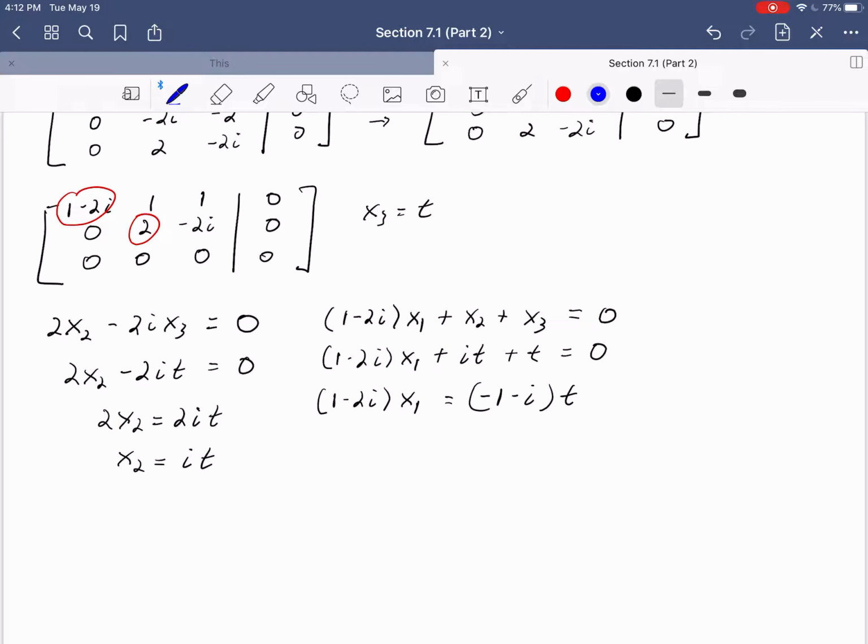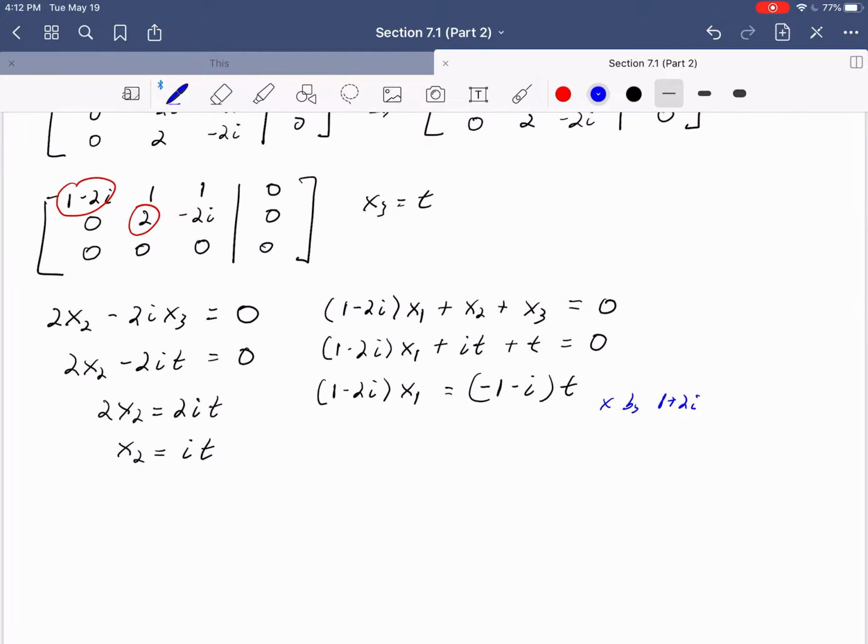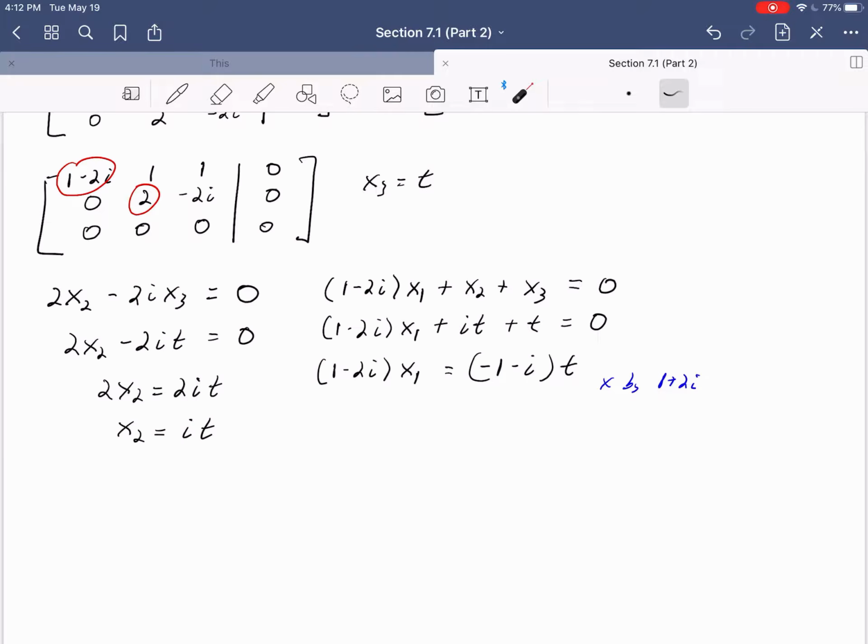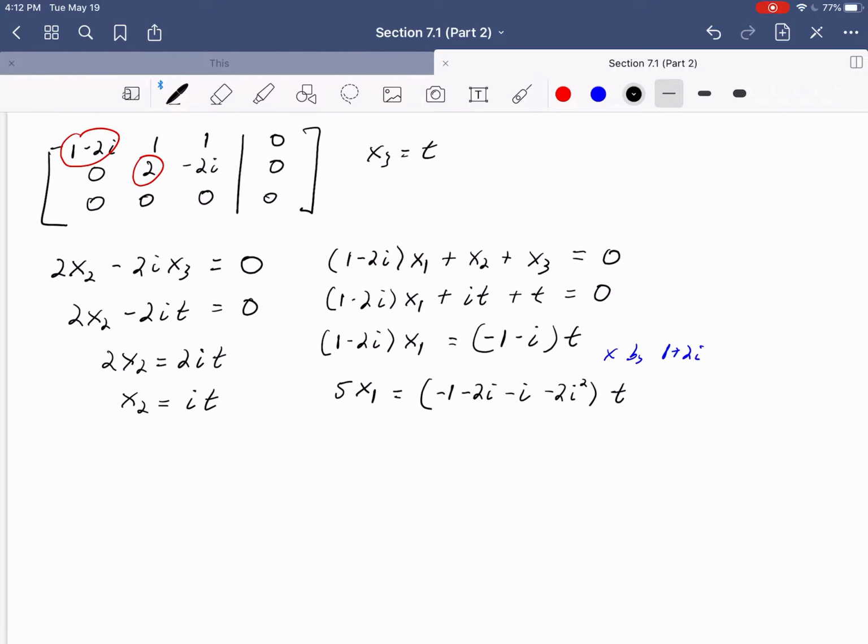Once again, we'll multiply by the conjugate, which is 1 plus 2i. Over here, we will get 5 again. So this will give us 5x1. Then we need to multiply this out, which we can just directly FOIL. So we'll get minus 1 minus 2i minus i, and then minus 2i squared, times t.